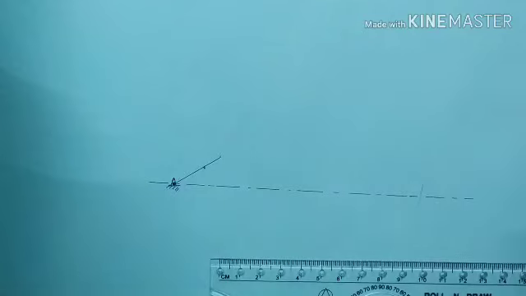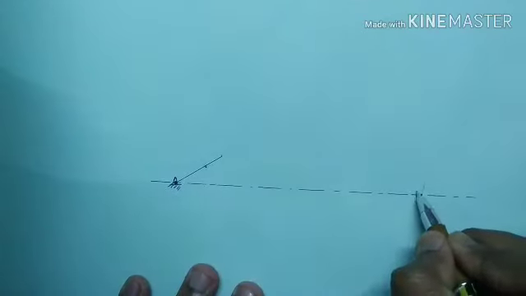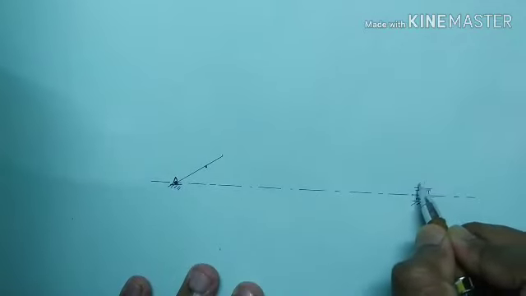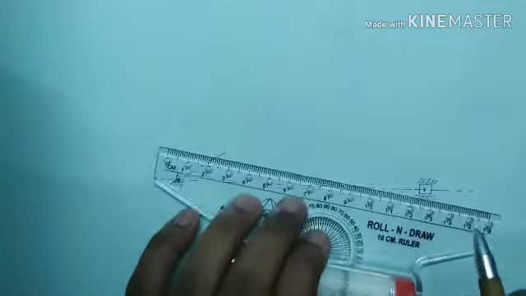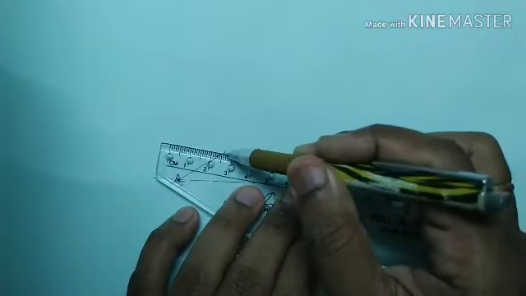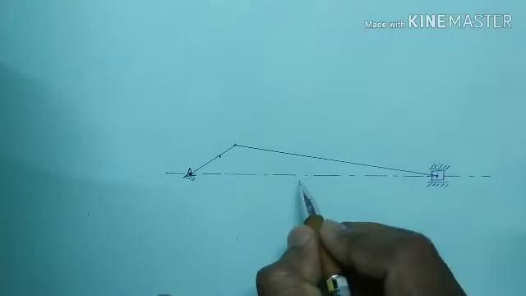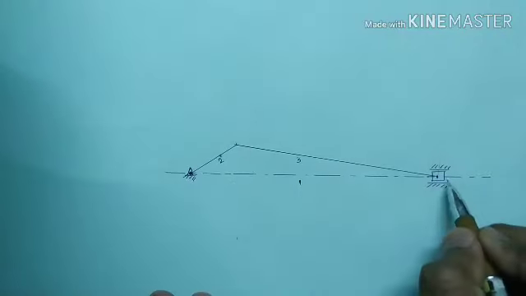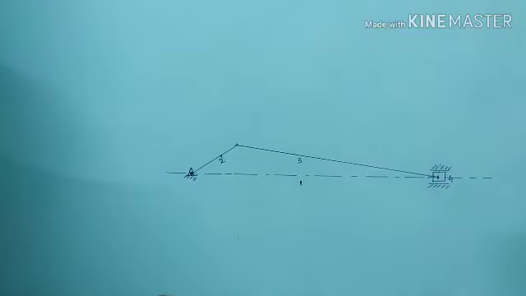So we got the point at 10 centimeter, where our slider will lie. Join these points. Now this will be our link number 1, link number 2, link number 3 and link number 4, that will be the slider.